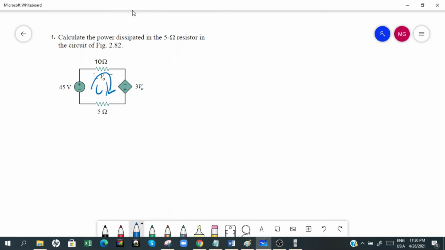So we have 45 volts. Here we have minus VO, and then here we come out at the positive side, so plus 3 VO, and then we have minus 5 I1. Minus because the direction of the current and the loop is just the same.